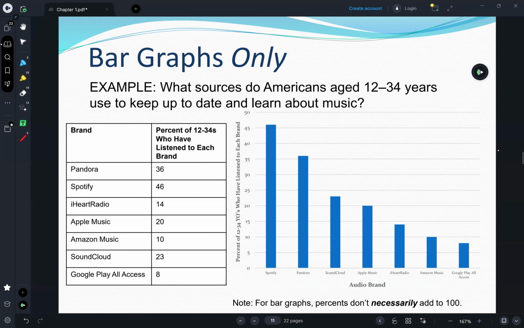Percentage for Spotify is 46%. And these percentages may or may not add up to 100%. Just from rounding, depending on the number of data, it might be off by 1 or 2%, which is fine. That's okay. It sometimes happens. That's what's saying here. They don't necessarily add to 100.